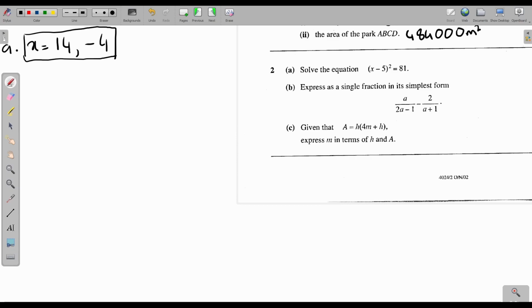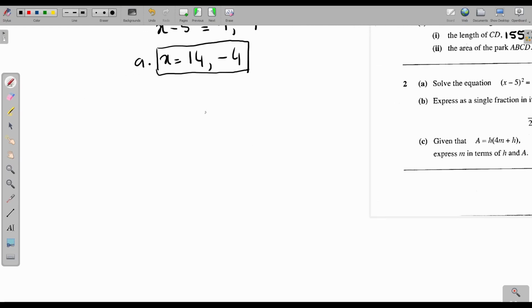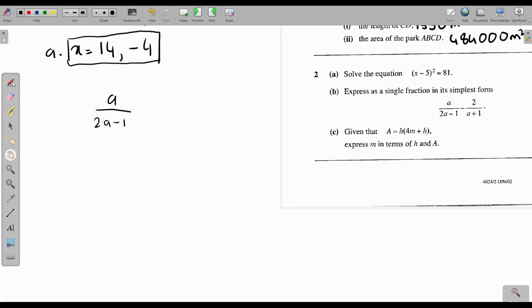Alright, so we have to express as a single fraction in its simplest form a over 2a minus 1 minus 2 over a plus 1.